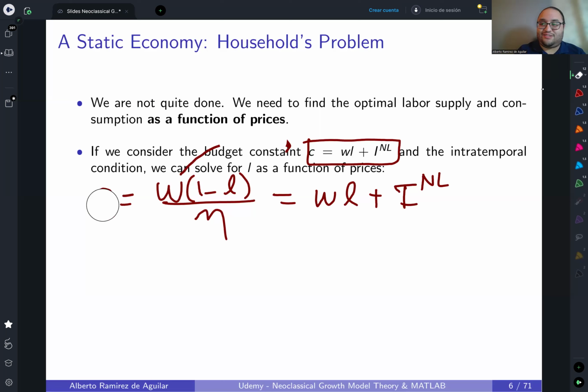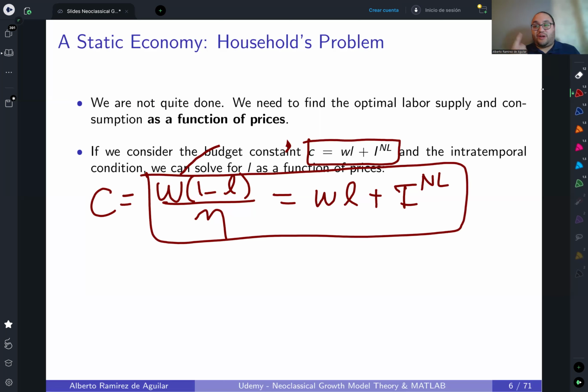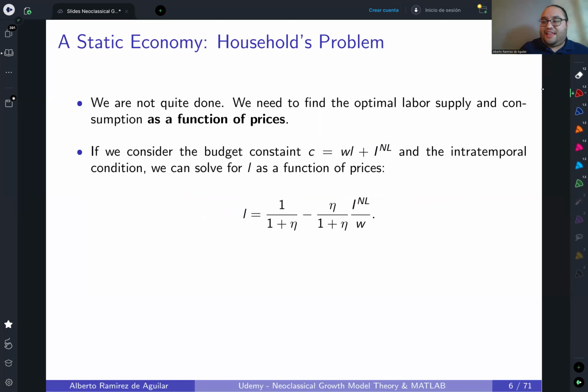So this part, again, is one equation with one unknown, which is L. So we could solve for this, okay? And if we solve for it, we get this function. This is simplified.